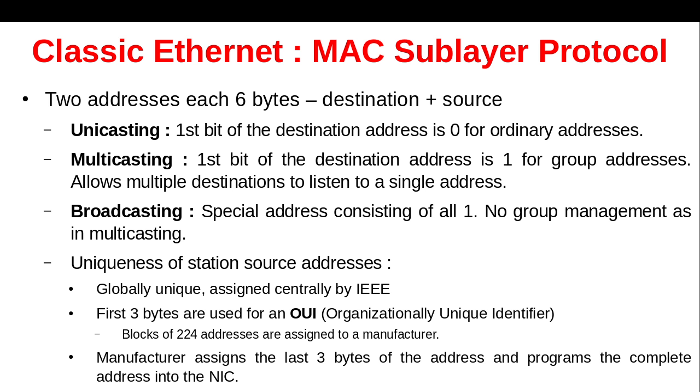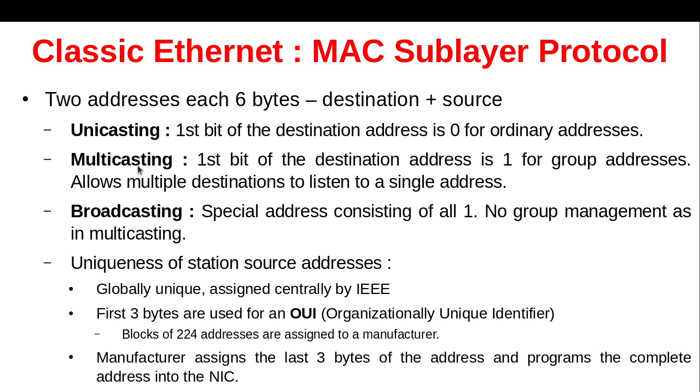So the third category is broadcasting, where the special address has all its bits set to 1. That means whenever that address is used, the corresponding frame having its destination address set to all ones will be transmitted to all the machines. That is called broadcasting.